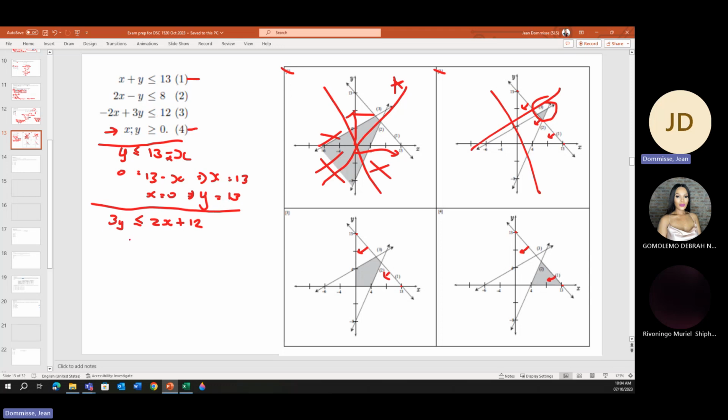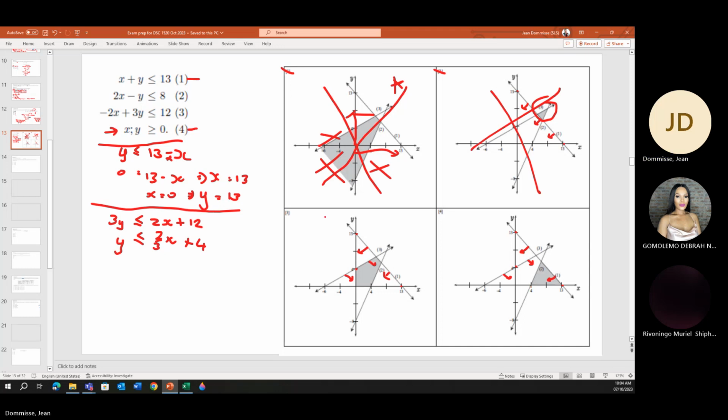Okay, so let's divide by 3, so that we get y as its own. And this one then is a bit different, 2 over 3, but at least we get the y cut off at 4. So let's look. Y cut off 4, yes. Y cut off 4, yes. Must be smaller or equal to, so that is still fine. Smaller or equal to, so this one can also still happen.